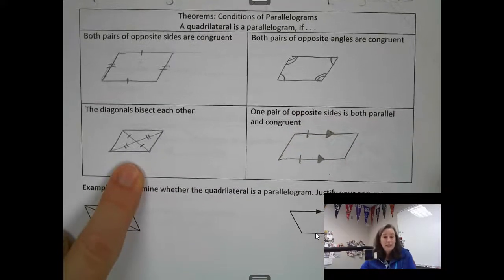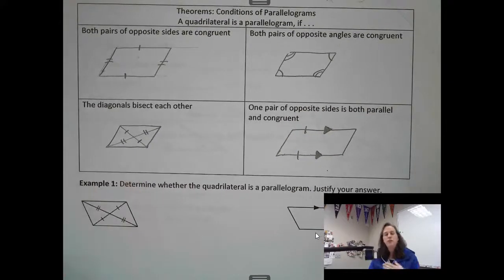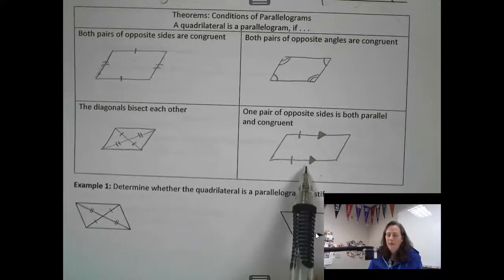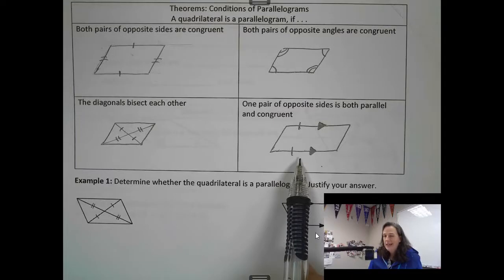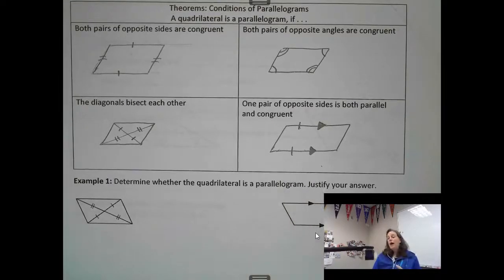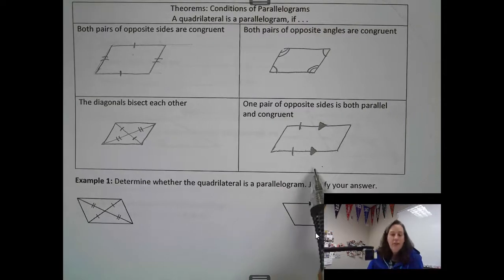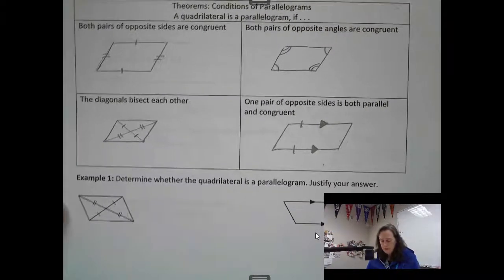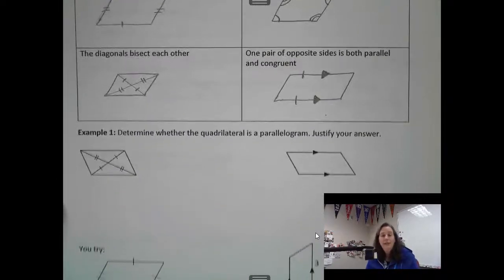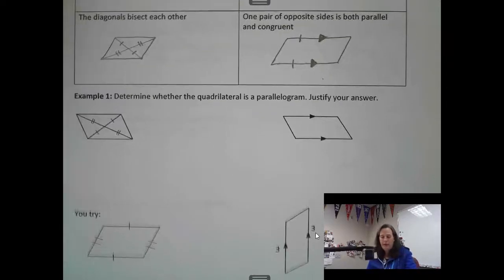The diagonals bisect each other. That's a parallelogram. So those are just the reverse, or the converse, of what we talked about before. This one's a little different. If you have a quadrilateral and one pair of opposite sides is parallel and congruent, then you have a parallelogram. So those are the ways you can tell if your quadrilateral is a parallelogram.